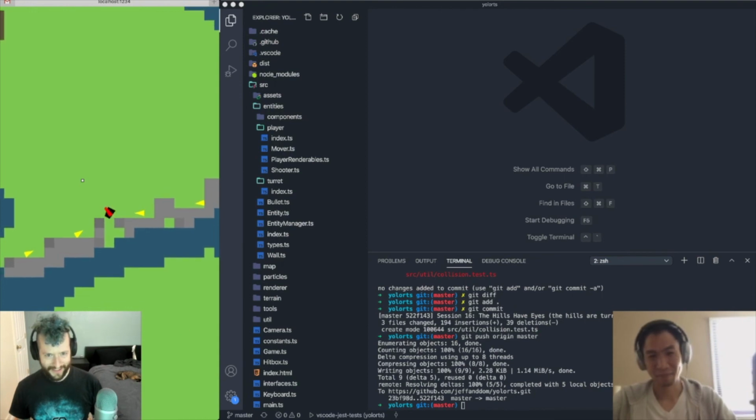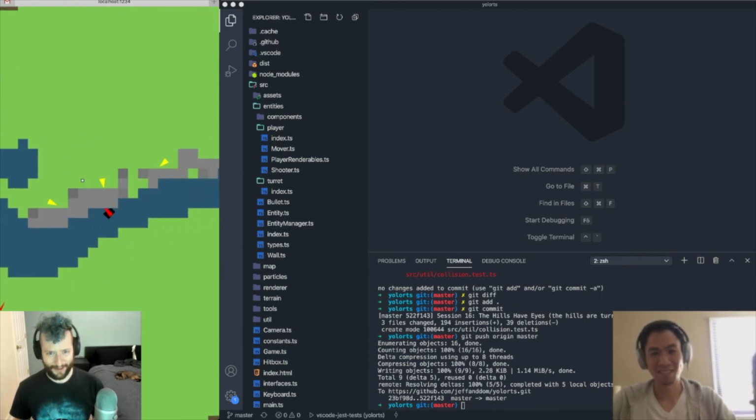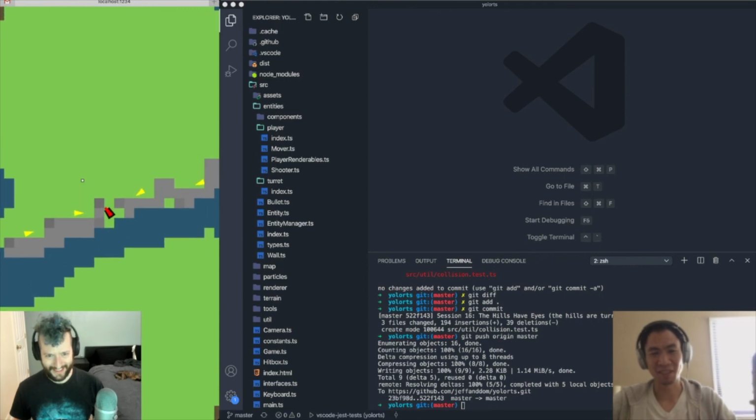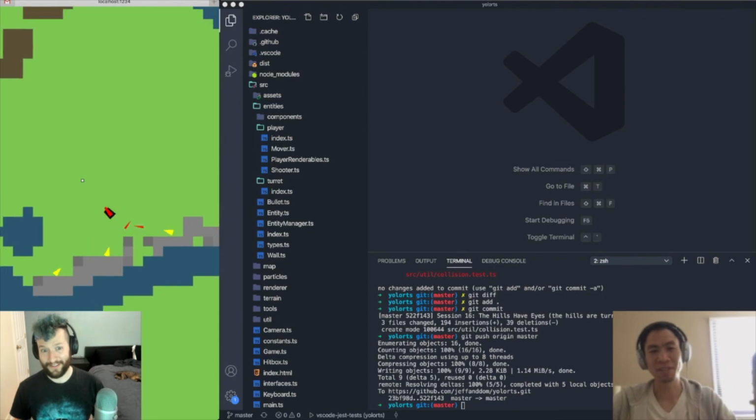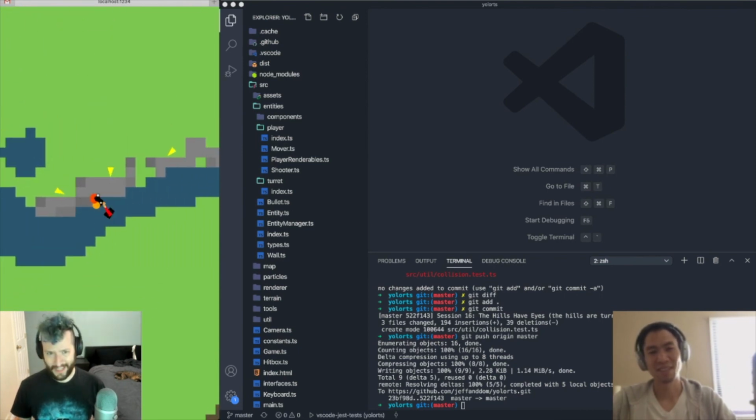Oh shit! Oh no! You can only drive one way through this hole. Oh yeah, our collision detection. It's about to get way better. I feel like we've got the primitives for some really good stuff now.